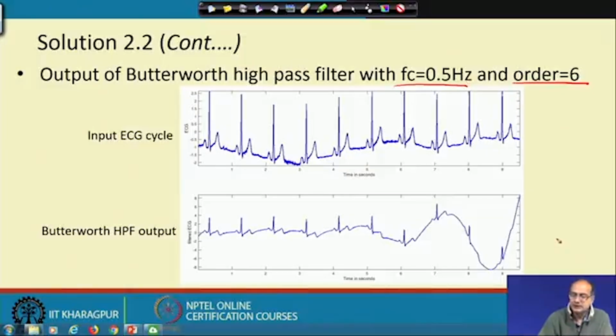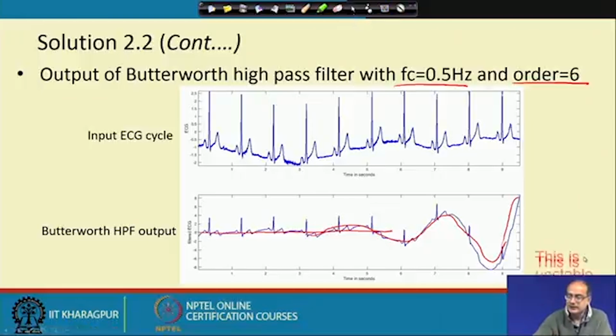So, in this case, what we notice is that initially the signal looks well behaved, and the artifact is removed, but slowly there is a build up and it looks like baseline wandering and it keeps on increasing. So, it has actually become an unstable filter in this case.